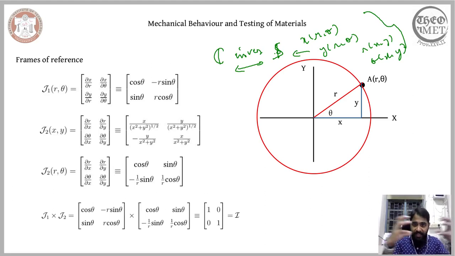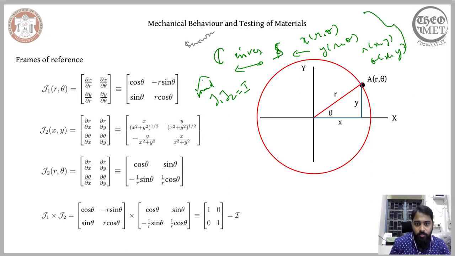Since the inverse relation is already known, what we found is that the product of their Jacobians is the identity matrix. Now we can reverse it. So this is known, and this is what we found.